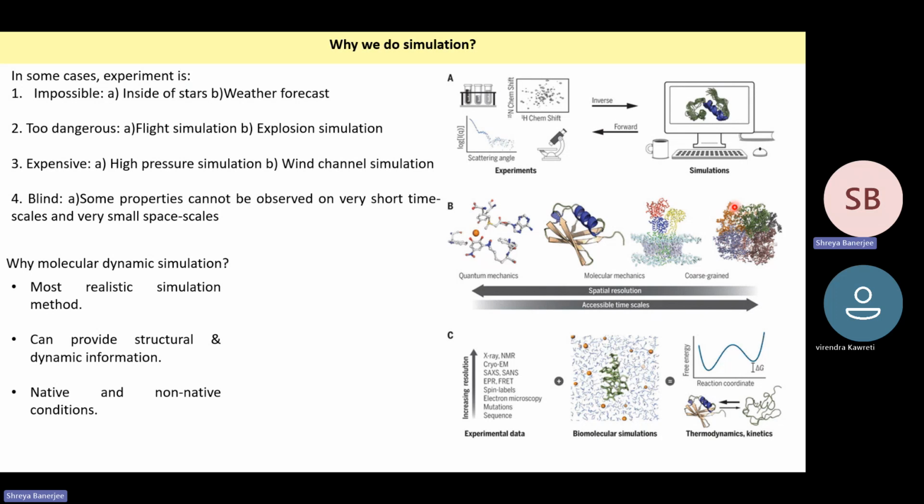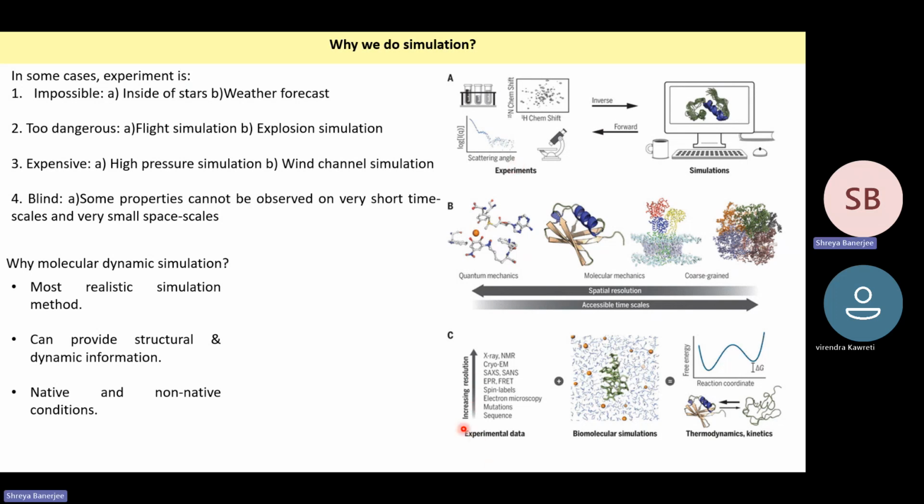The movement of the domains can be observed by experiment. So as we go from left to right, the time scale in experiment is accessible. At the left, the time scale is totally inaccessible by experiment. It is too small of a time scale. But as you go towards the right, the movement of the domains can indeed be observed by experiment.